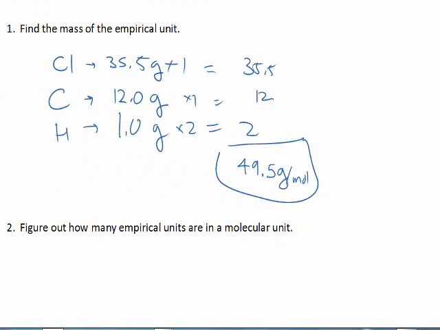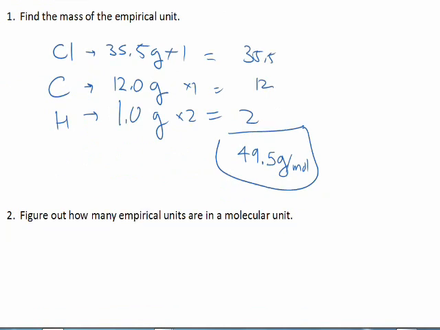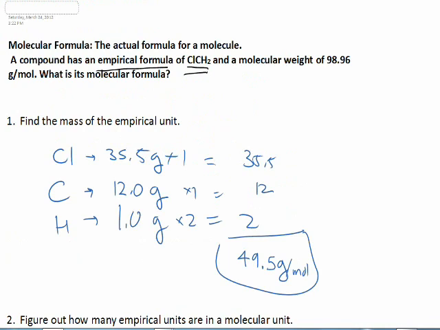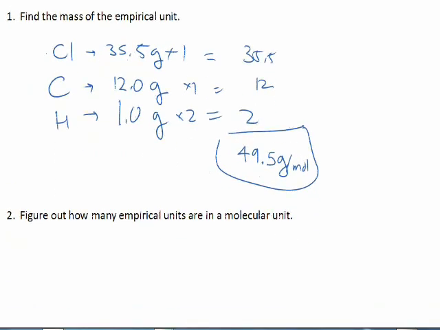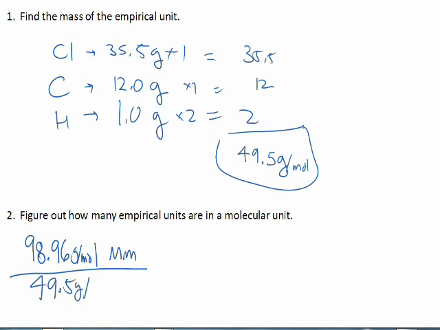Then we figure out how many empirical units are in a molecular unit. That's really just the ratio of what we're given. We were given a mass of 98.96 grams per mole for the molecular mass, divided by 49.5 grams per mole for the empirical formula mass.